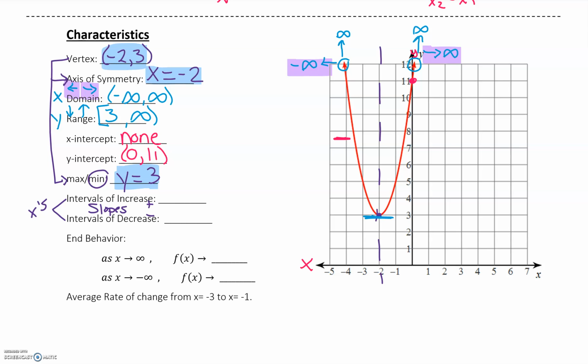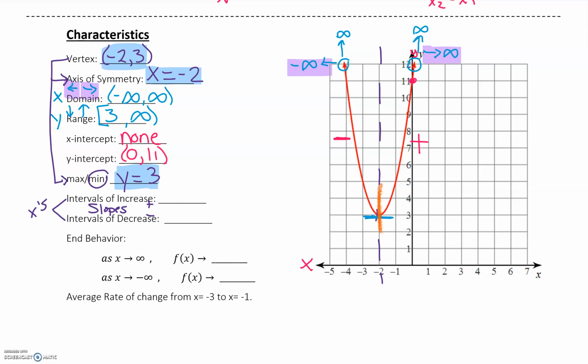Then once we hit the vertex down here, we change from going down with our finger to going up. So that means the right-hand side of this graph is positive slope. So if you notice, we changed which way our slope went right here at the vertex. So the left side was down and then the right side was up.